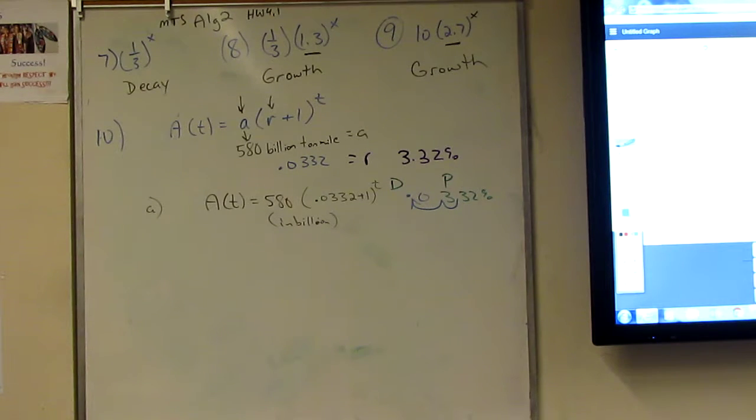And if I wanted to plug it in, then it would be y equals, sorry, I gotta use their y. Y equals, and then I'd put 580, right? And I could put billion.